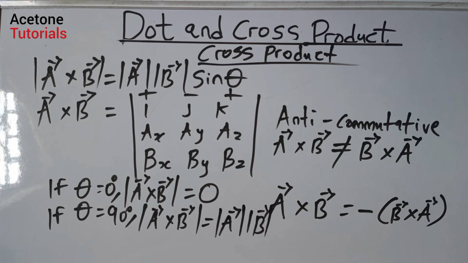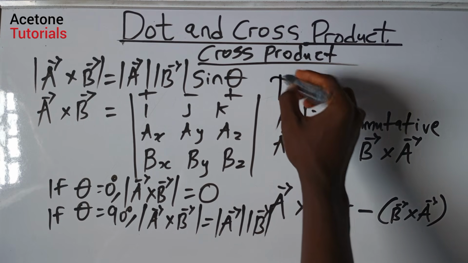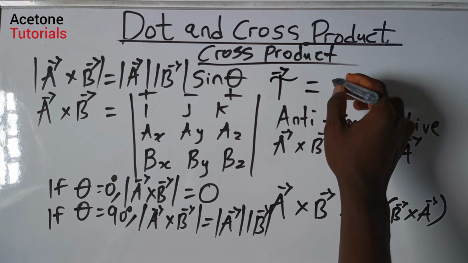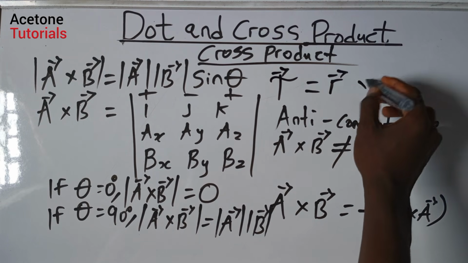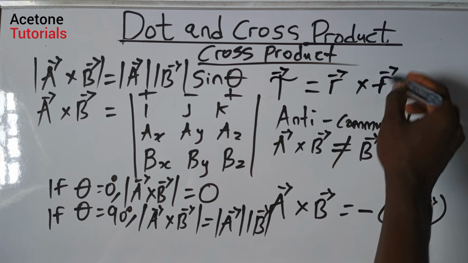So that's for the cross product. Now for the applications, you can use it to determine the torque, which is equal to the position vector multiplied by the force vector.